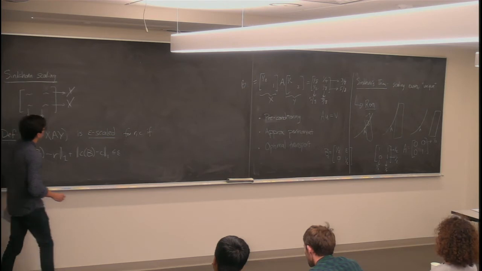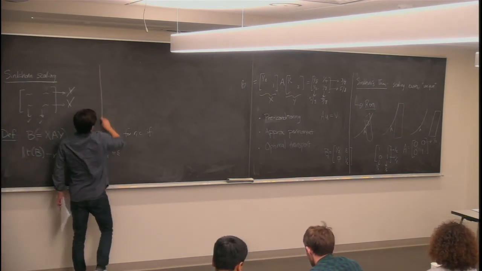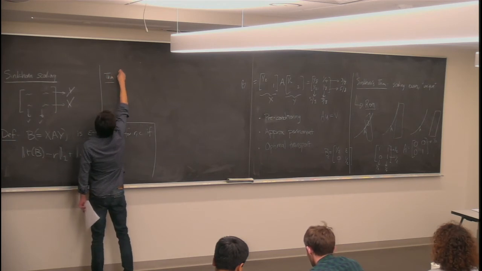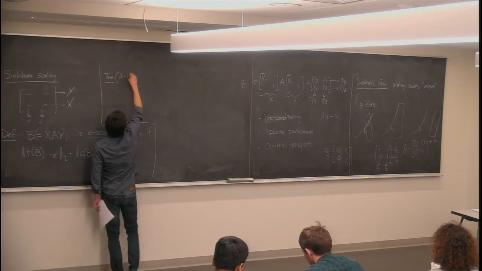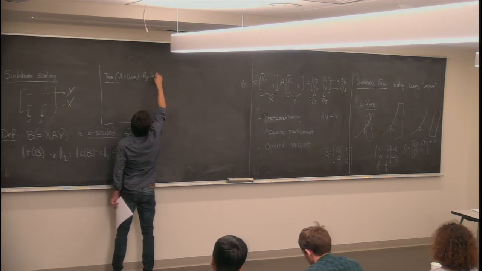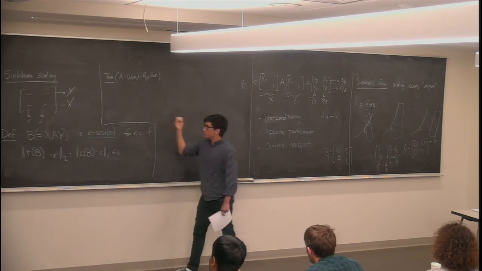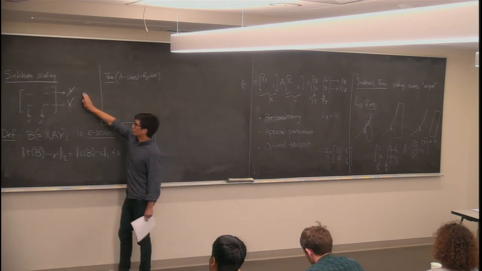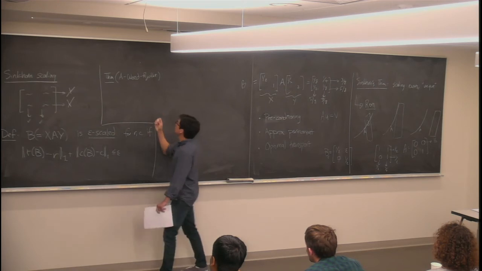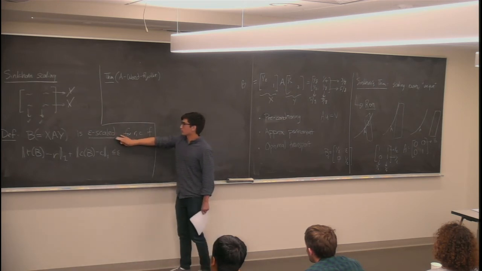And the main result is that if you run this Sinkhorn algorithm, scale the rows, that's one iteration, scale the columns, second iteration, and so on, then you only need a few iterations to become epsilon scaled.